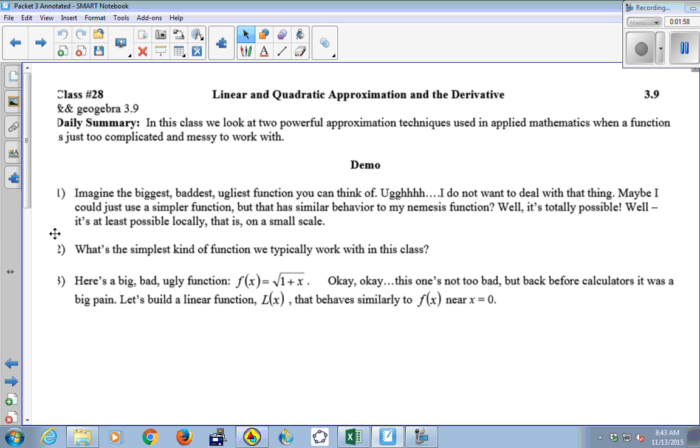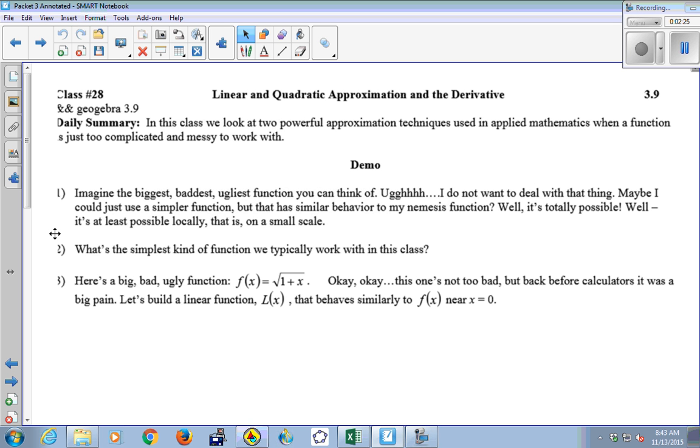Okay, so for today's class, we're going to look at two powerful approximation techniques that are used in applied mathematics when a function is just too complicated and messy to work with. Okay? So if you can imagine just the biggest, baddest, ugliest function you can think of, like a giant fractions and fifth roots and craziness, right?